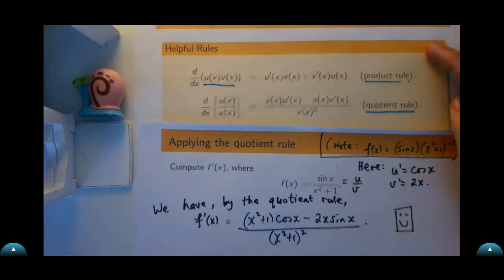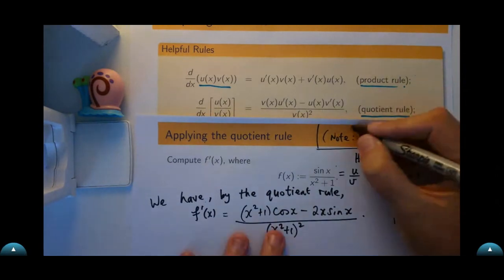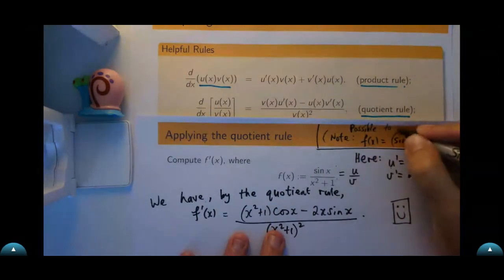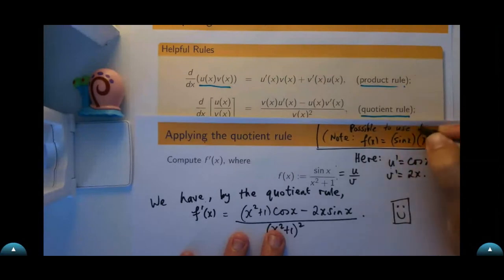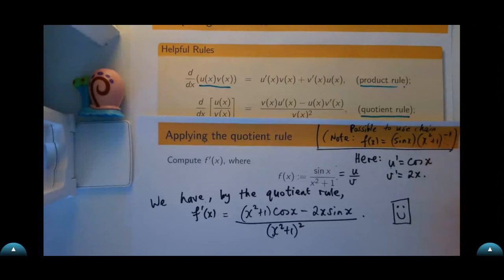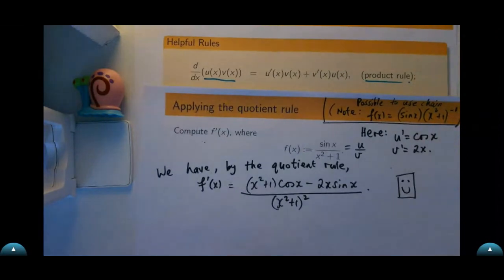Okay, so you could apply the quotient rule here. It's possible to use the chain rule, but I think it's actually easier to use the quotient rule, because to use the chain rule, you've got to differentiate this, and that will take some time.